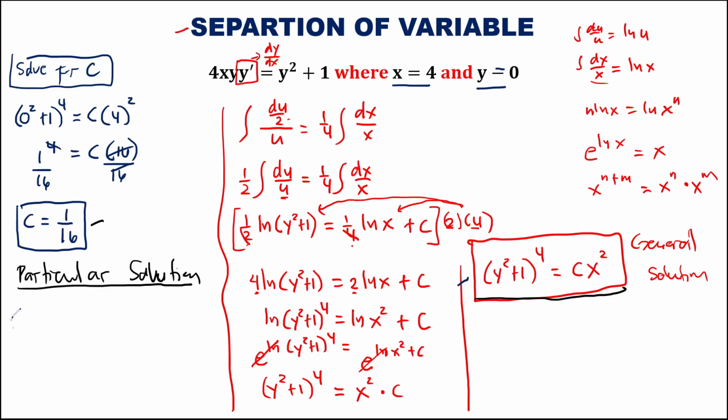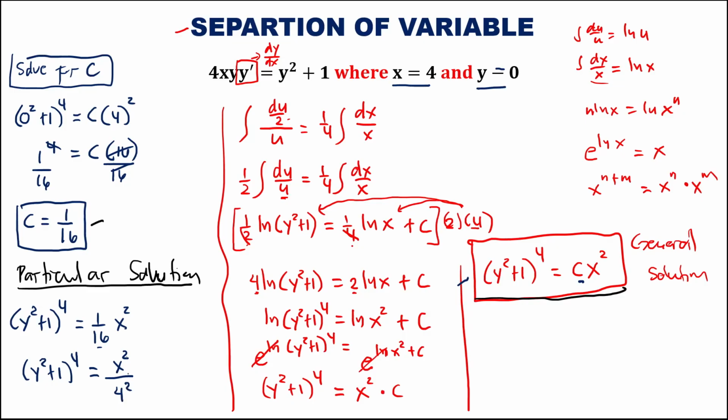So this becomes (y² + 1)⁴ equals c, c is 1 over 16, times x², or this is equal to (y² + 1)⁴ equals x² over 16. Now take note that 16 is equal to 4 to the power 2.